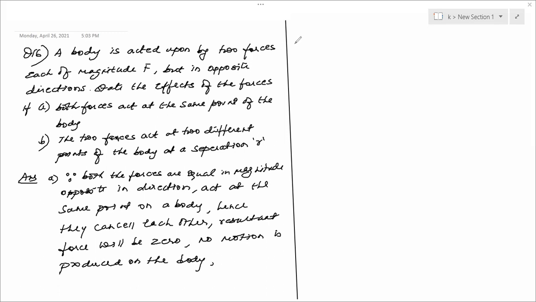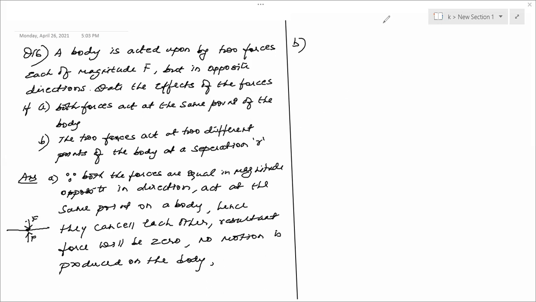Got it? Now the B part: the two forces act at two different points of the body at a separation of r. Suppose this is a body, and in the earlier case the force acts like this and another like this, equal in magnitude, opposite in direction, acting at the same point, so they cancel each other and the resultant force on the body is zero.